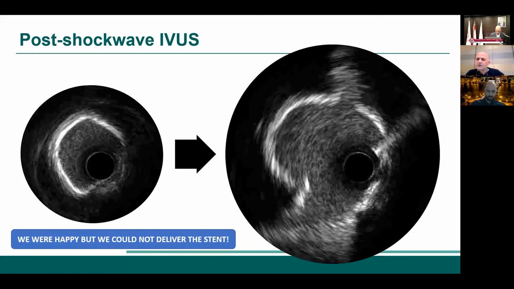Sorry, Emil, I don't see the rationale behind doing more rotational atherectomy. If you already have dilated your lesion very well and your balloon is dilated very well, the atherectomy will not do any addition.